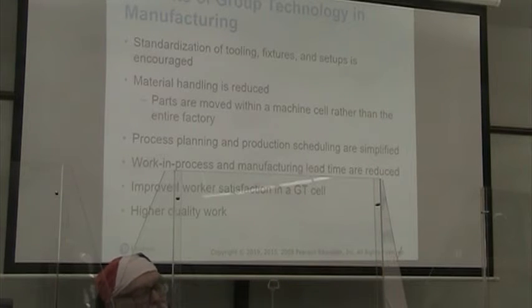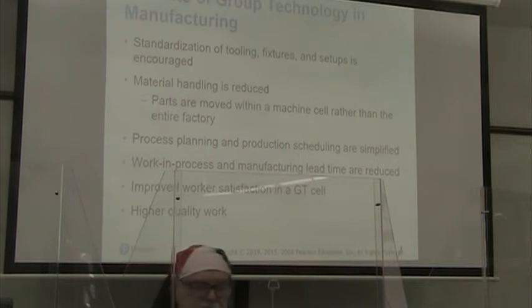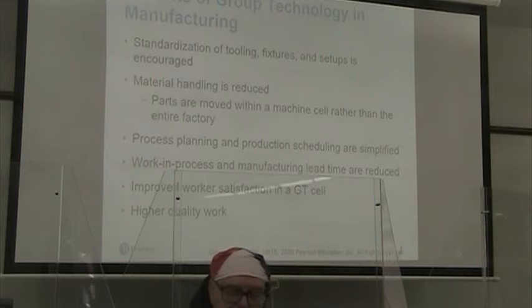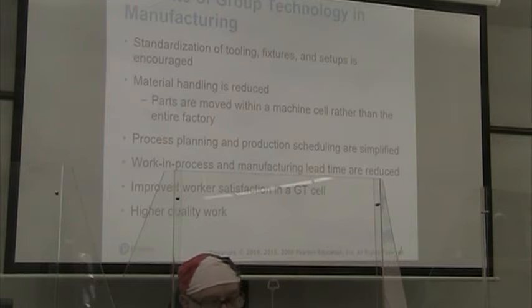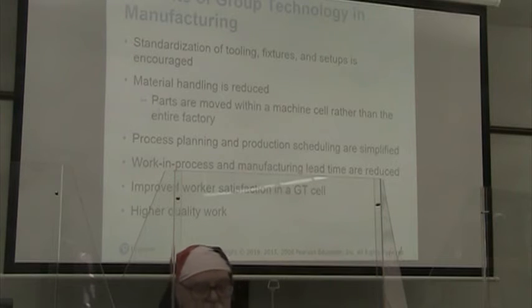Our parts are moving within the machine cell rather than having to move through the entire factory. That means that our process planning and our production scheduling become much simplified, and our work in process and our manufacturing lead time are reduced. We also get improved worker satisfaction in a group technology cell and higher quality work.